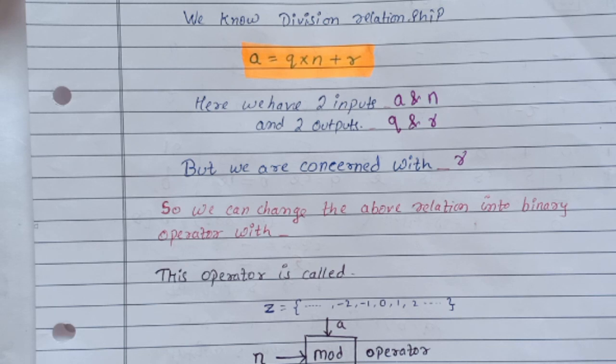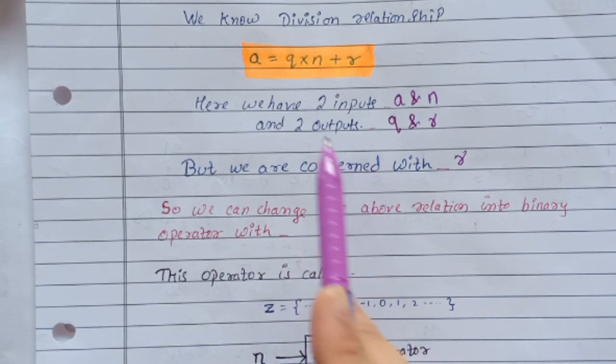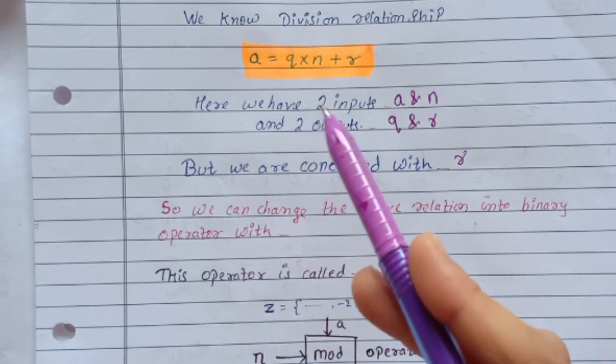In other words, when we divide A by N, we are only concerned with the remainder we get.